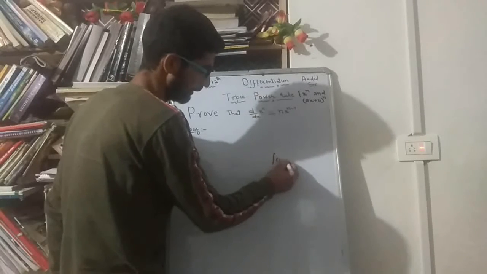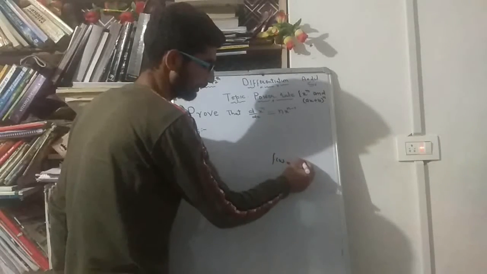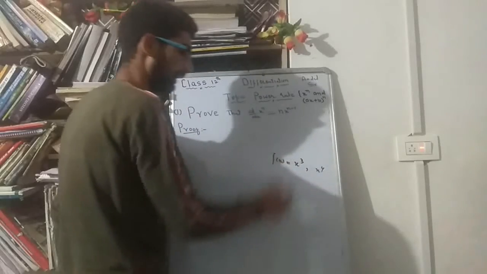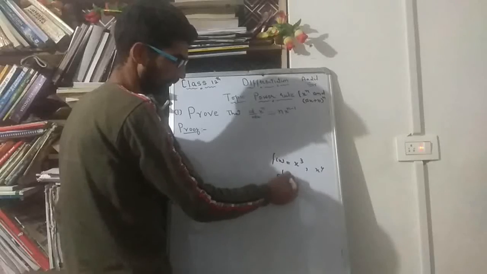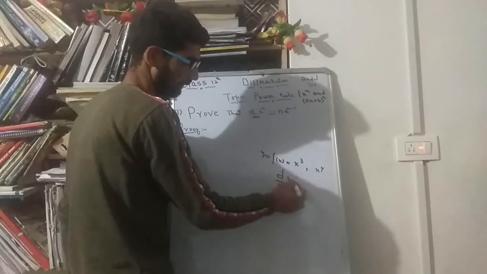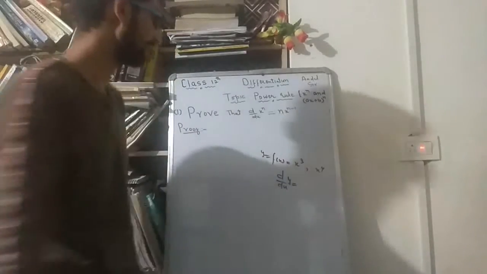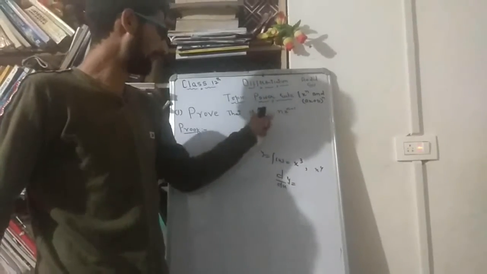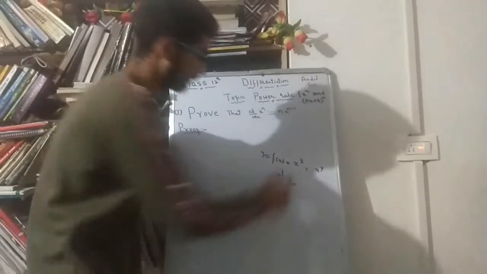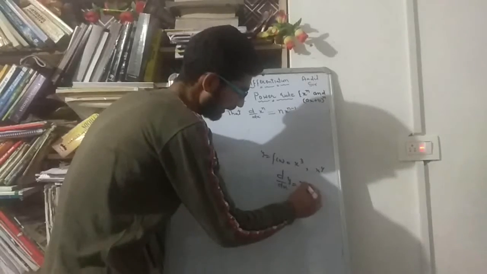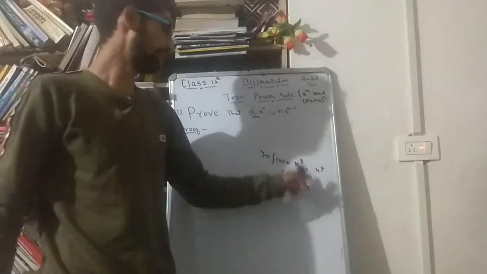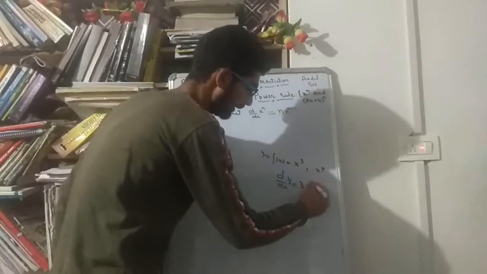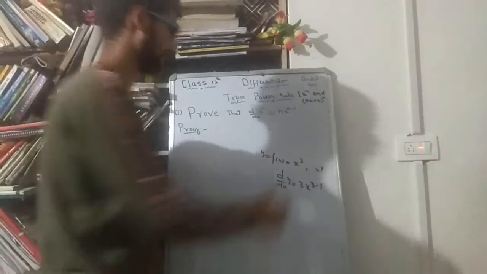What that means is that if we have a function f(x) equals x raised to power 3 or x raised to power 4, and we have to find its derivative, the power comes as a factor, so it will be 3, then x, and then n minus 1, the power gets 1 subtracted, so it will be 3 minus 1. This is the differentiation of the function x cube.